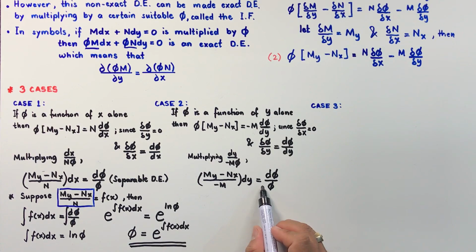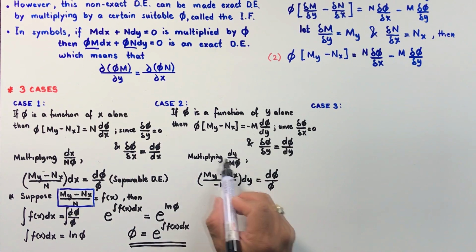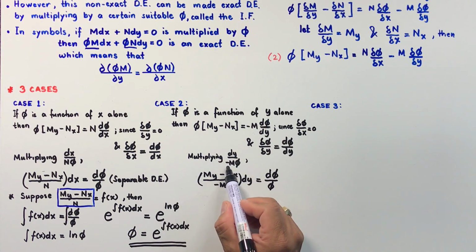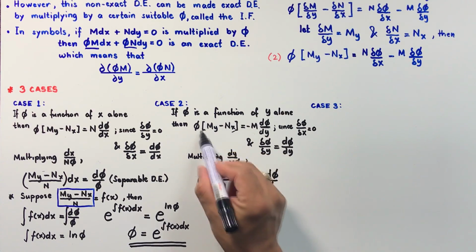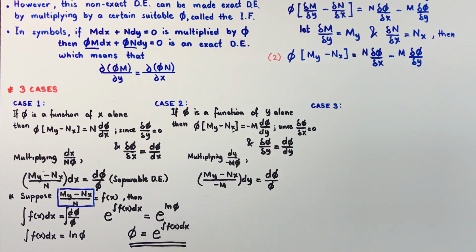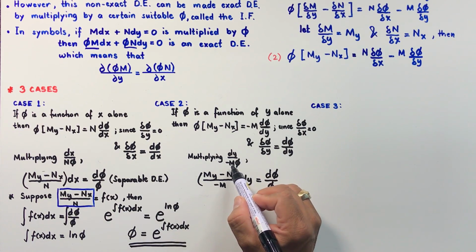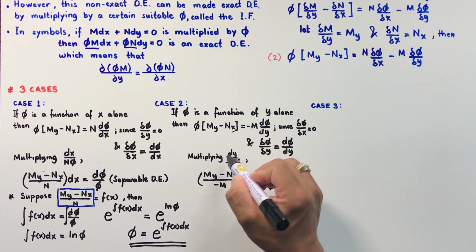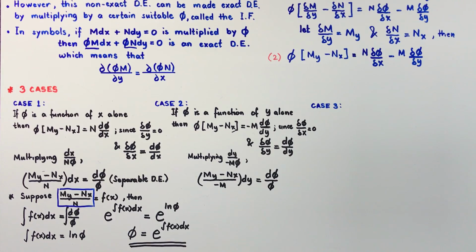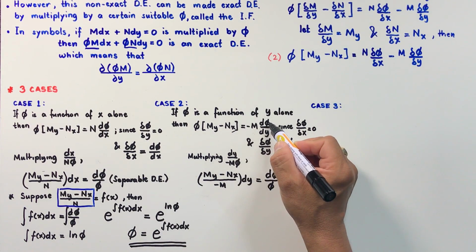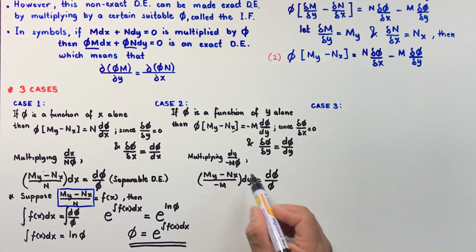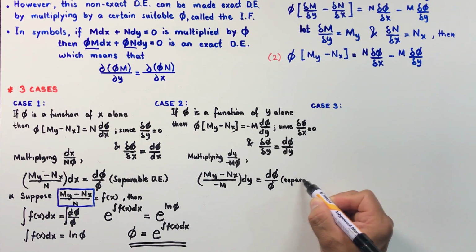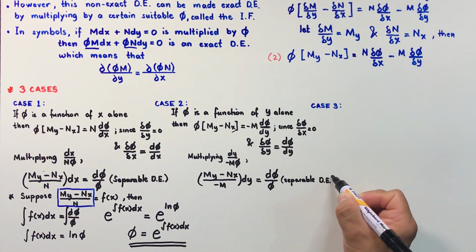And this happens because this phi and this phi cancel each other. So this dy over negative M will be the multiplier of this binomial here. But this negative M and this negative M cancel each other, together with this dy and this dy. So what remains is the differential of phi over phi here. And we notice that this is already a separable differential equation.